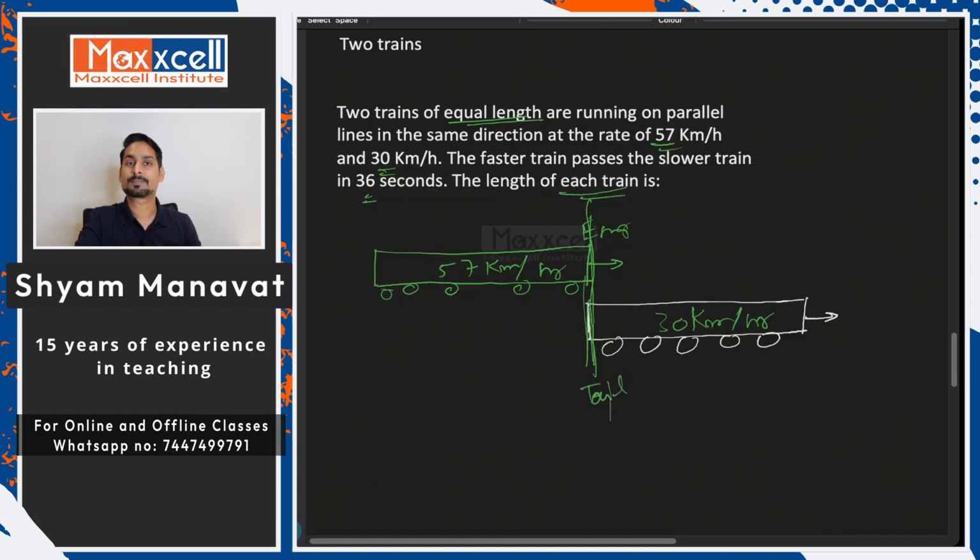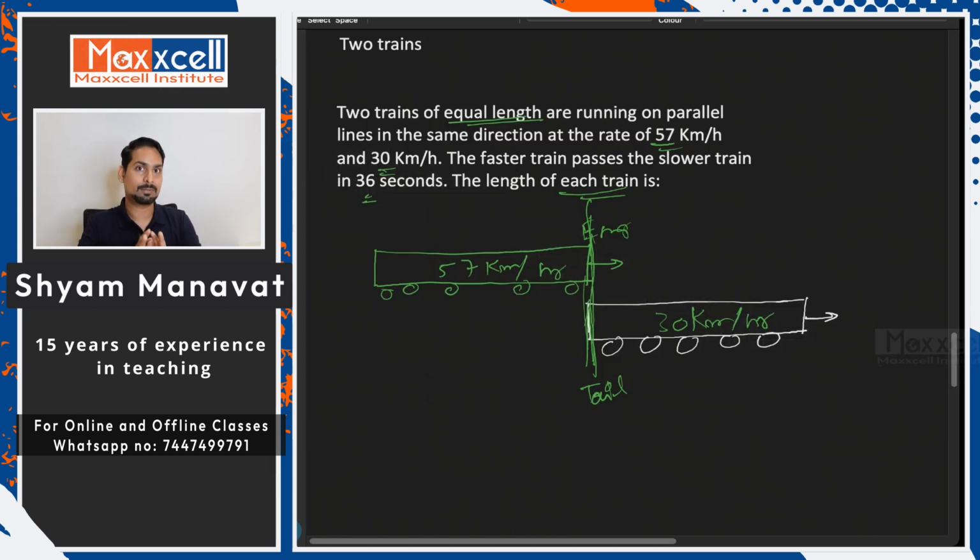Why is that so? Because when the faster train starts passing the slower one, we have to consider that the engine is parallel to the tail of the slower train. Why do we have to consider this? Because the question has not mentioned that there is any kind of distance between the faster train and the slower train.